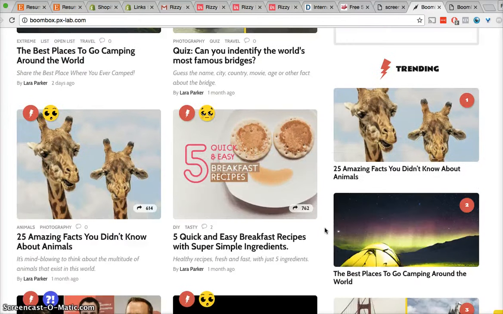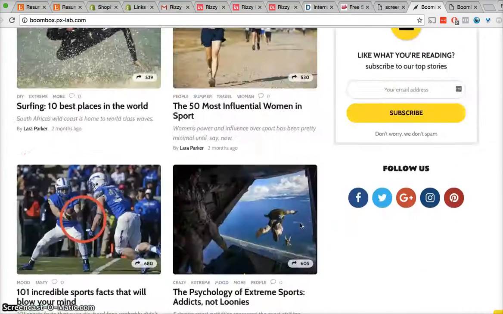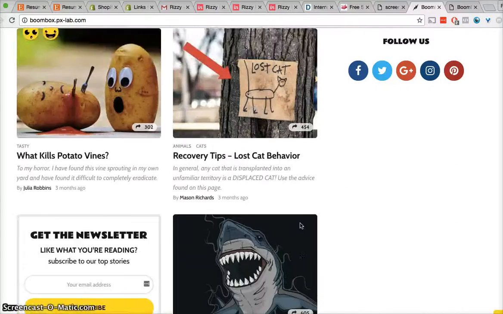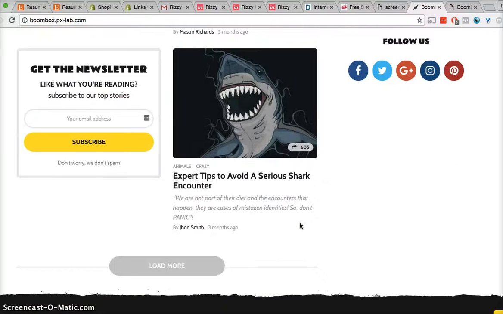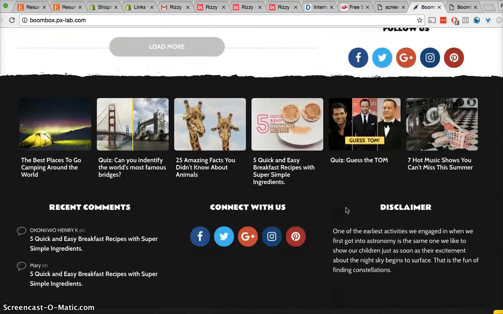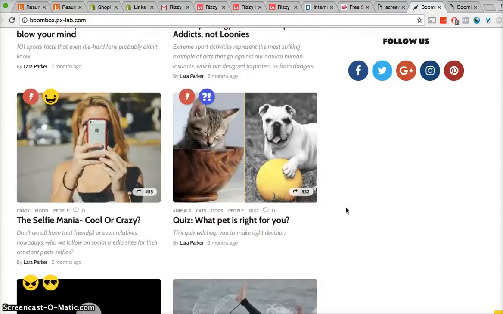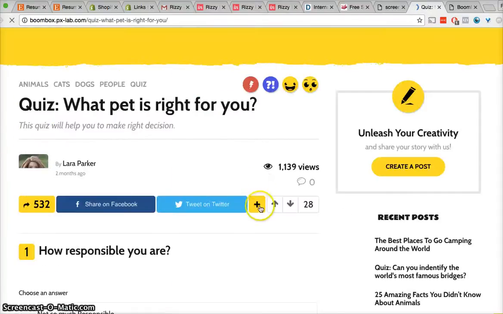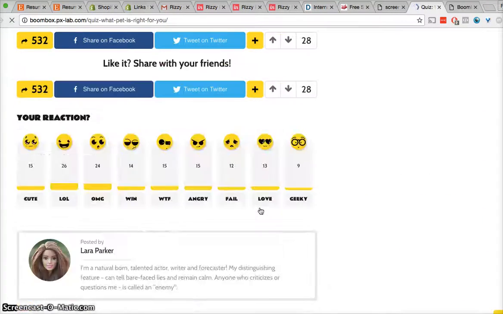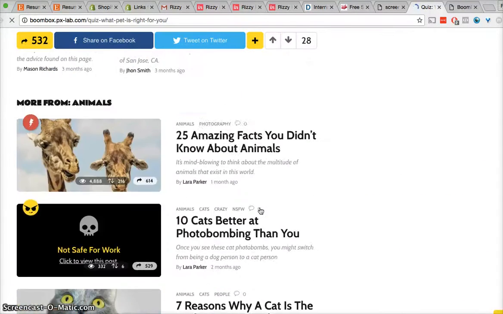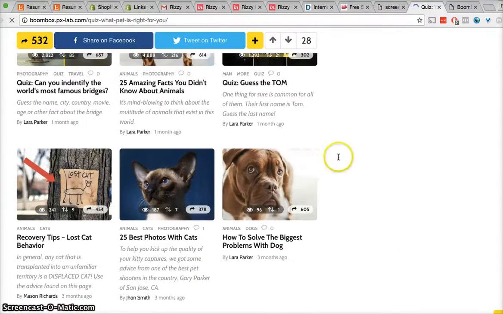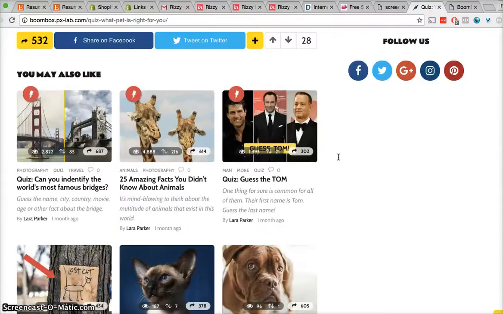And is there a way that we can get the picture to come like this? The picture size. The picture size was most appropriate like this, buddy.